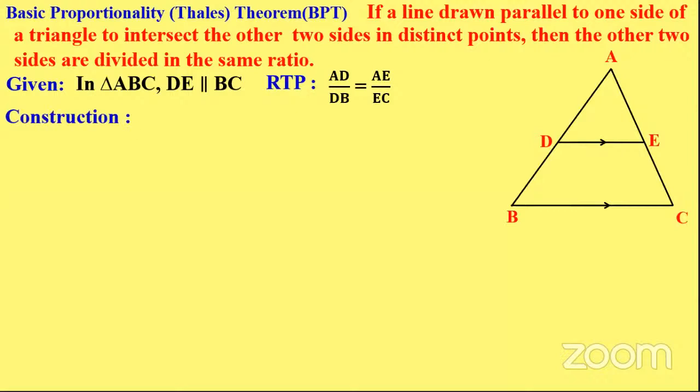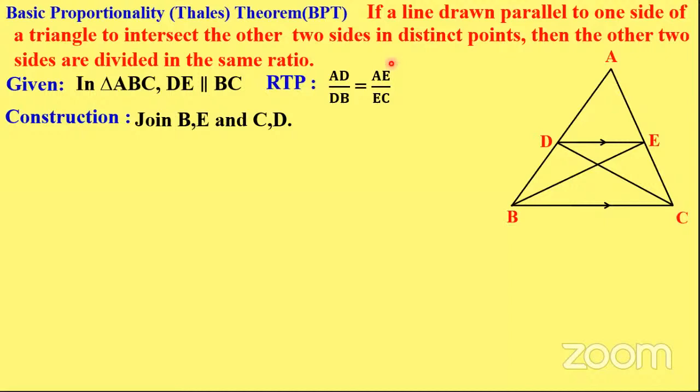So in this, we need to prove this construction. First, given is over. Required to prove is over. Then construction: join B and E, C and D. Join BE and CD.